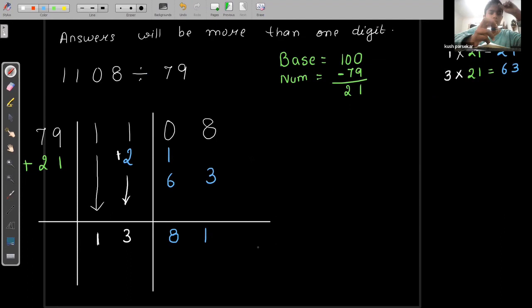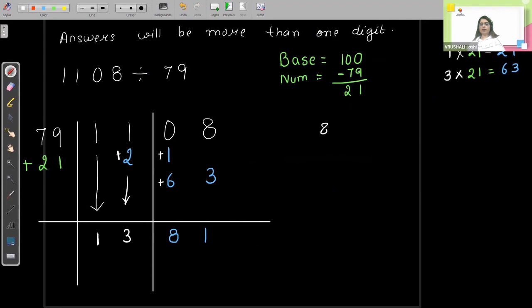Understood. Okay. Now see, our 81. Ma'am, I did not understand. What you didn't understand? How we got 81? Yes, ma'am. You add this, no? We have 8 plus, you put a 0 here if you want, and 63. If you add all this, what will you get? You will get 81, no?